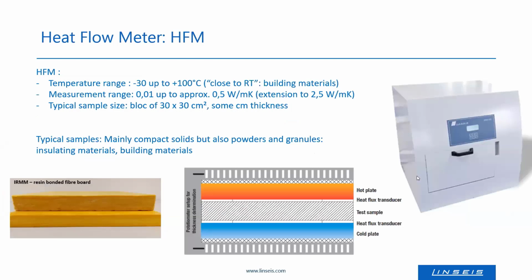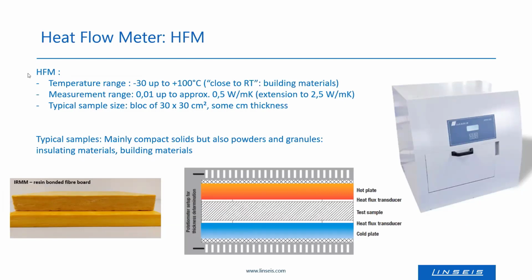Such heat flow meters look like this. Big boxes. Behind this door, you find this assembly with a hot and a cold plate, which I already explained. Usually the samples are insulating materials like these fiber boards.